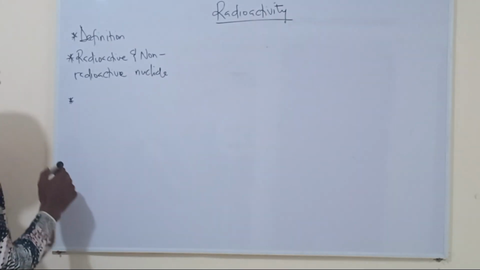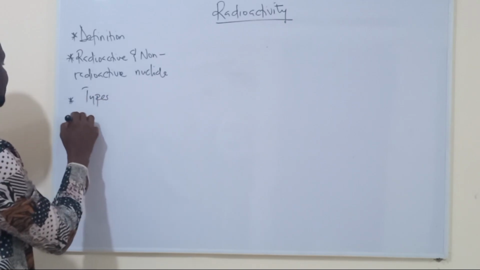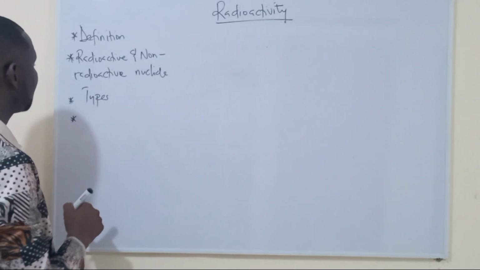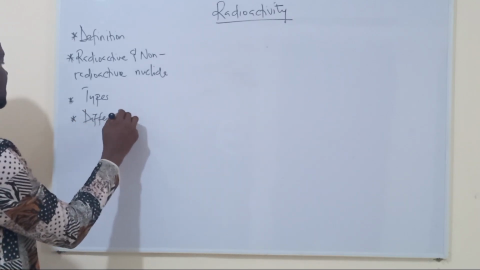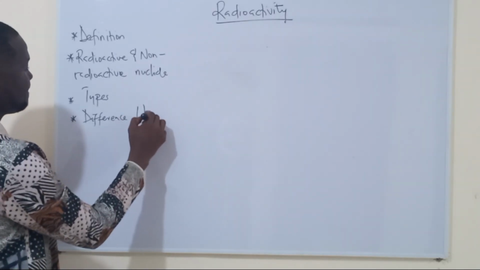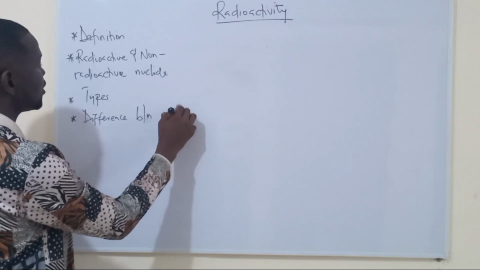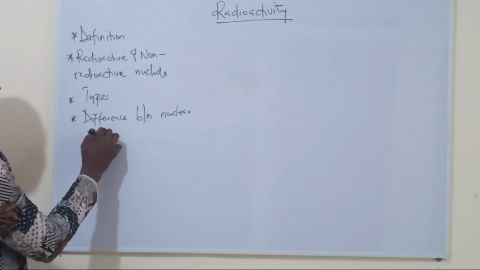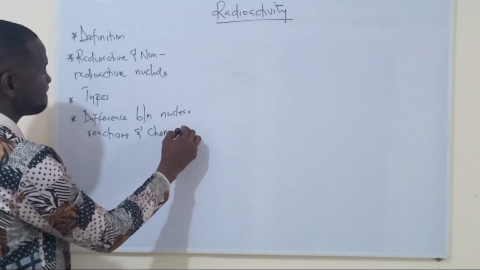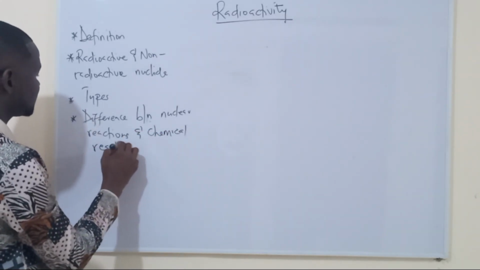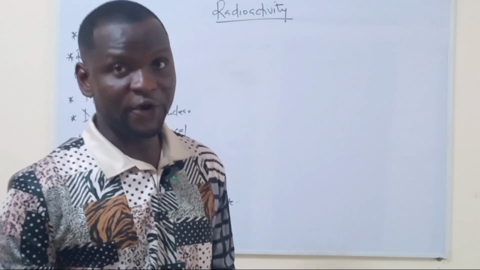Then we'll look at the types of radioactivity. Then we'll look at differences between nuclear reactions and chemical reactions. So this is what we'll be looking at today in part 1 of radioactivity.